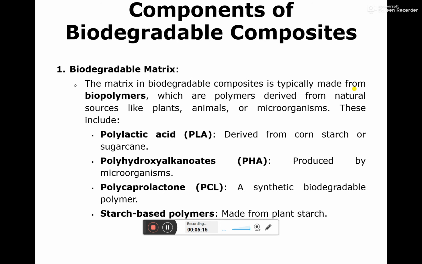So what are the components of biodegradable composites?